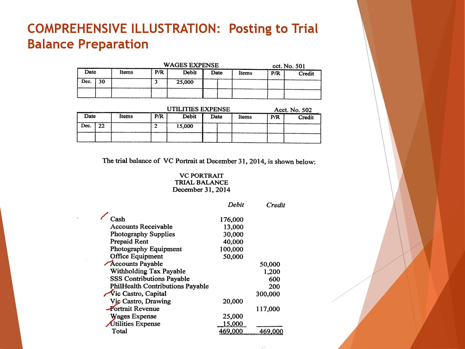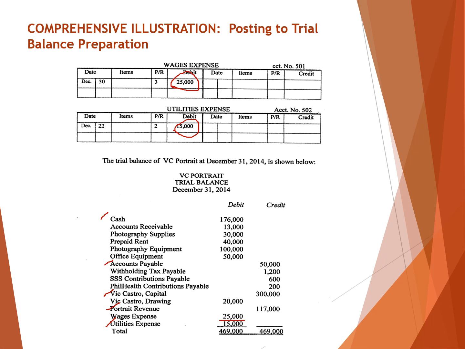Nakita nyo yung arrangement. Tapos, nakita nyo may column ng debit at credit. Ililipat nyo lang yung nakuha doon na balance sa cash, ayan, nilipat lang. Katulad dito sa expense. Ito, wages expense, di ba? 25,000. Wala naman siyang kasamahan. Kaya napansin nyo dito, yun na lang din ang nilagay, 25,000. Utilities expense, 15,000. Ayun, 15,000 lang din.